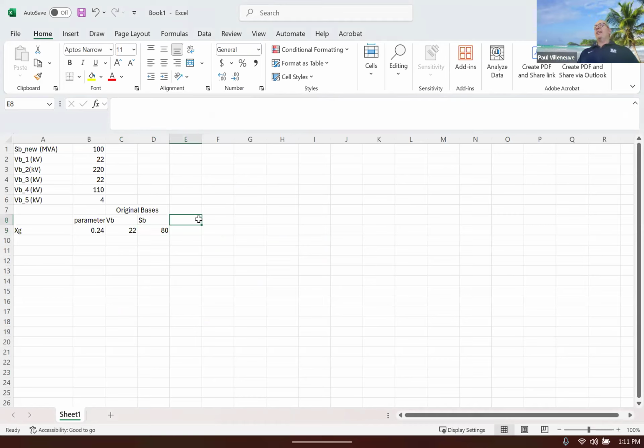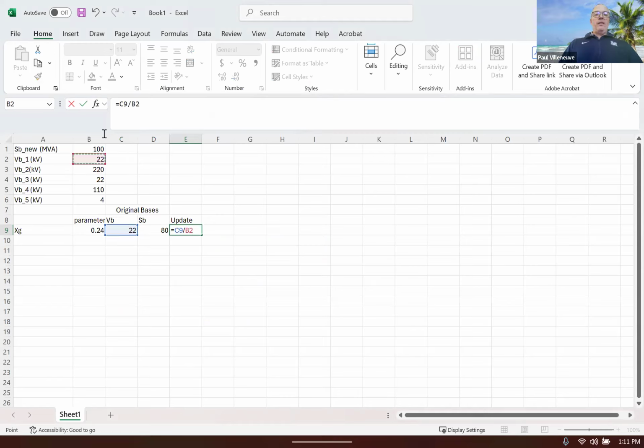Now we're going to go ahead and update. So we'll update here, we'll call it update. And that's going to be equal to VB old, which is here, divided by VB new, we're in region 1. That quantity is squared.